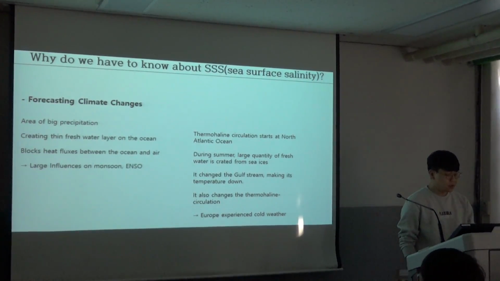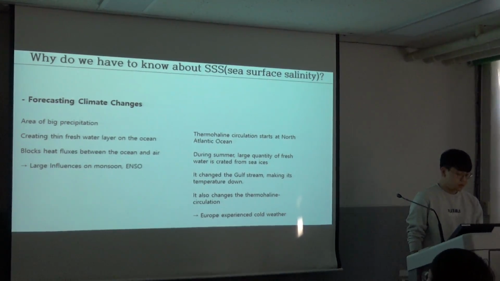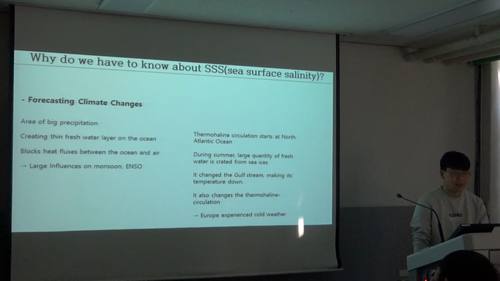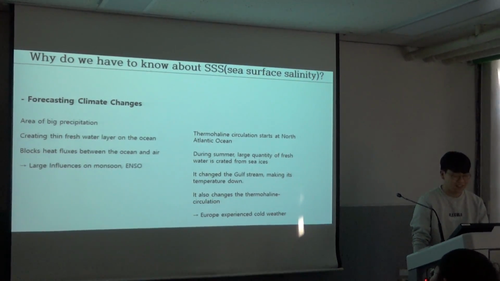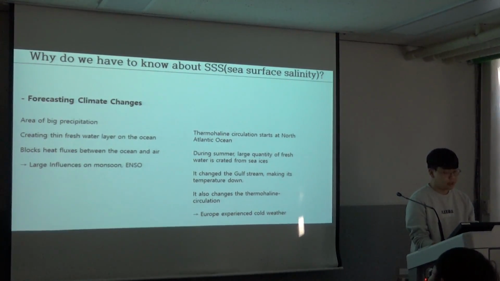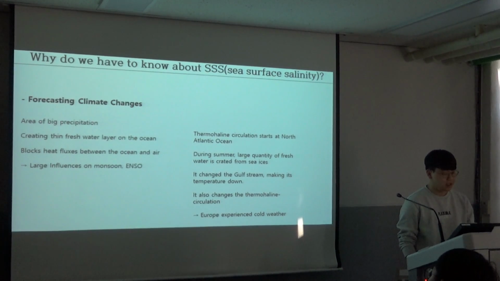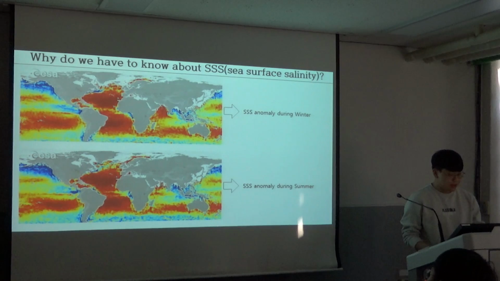So cold fresh water would change the Gulf Stream, the hot current, and it also affects thermohaline circulation. In reality, Europe experienced its greatest cold weather when the iceberg in the North Atlantic melted more than average. I have prepared some pictures for better understanding.